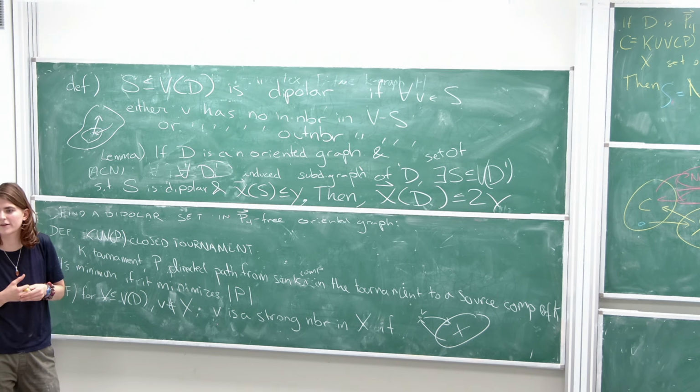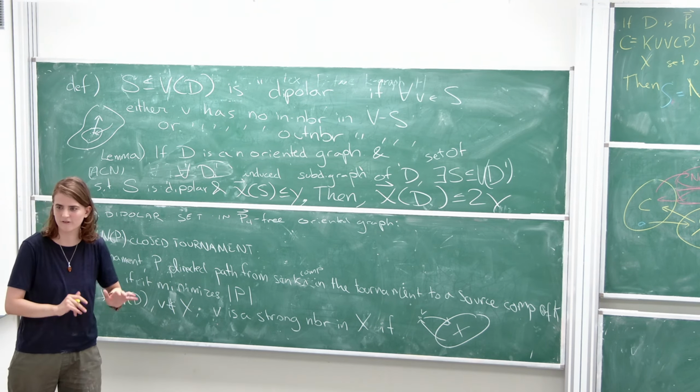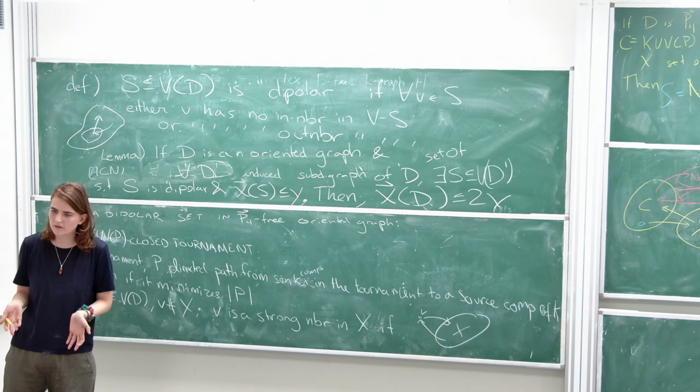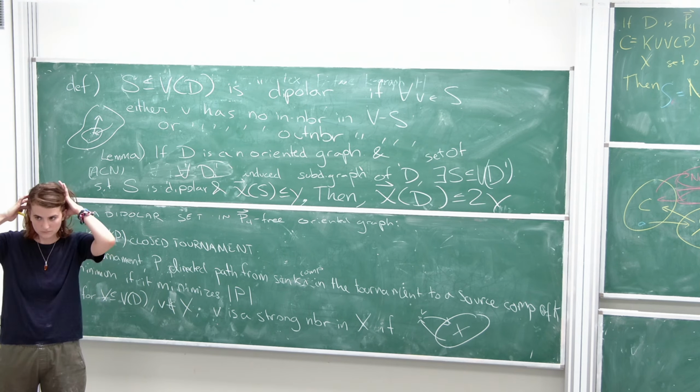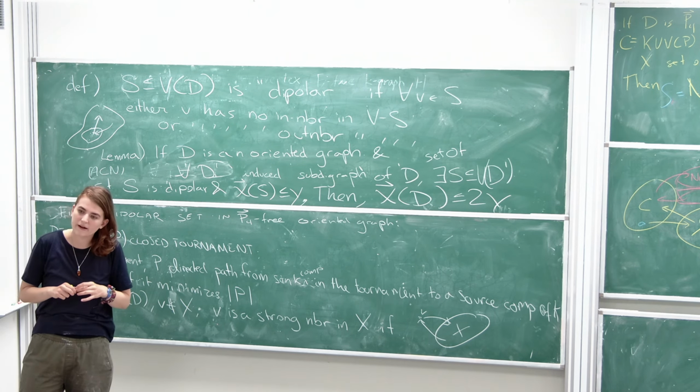So you're asking me a question that requires me to state the inductive hypothesis, but it does in fact follow from the inductive hypothesis that you can extend. You start with a single vertex tournament and then grow it? No, I start with a tournament of maximum size.